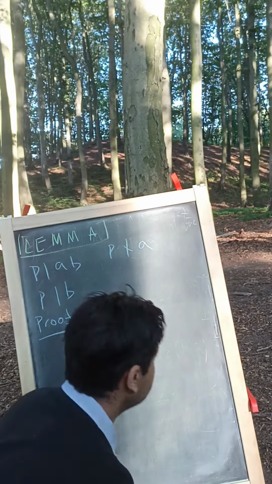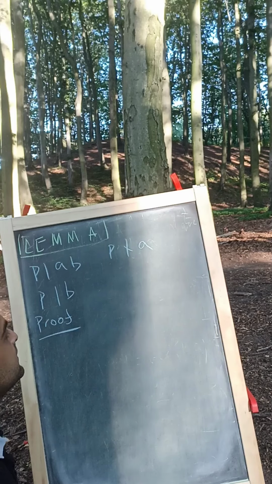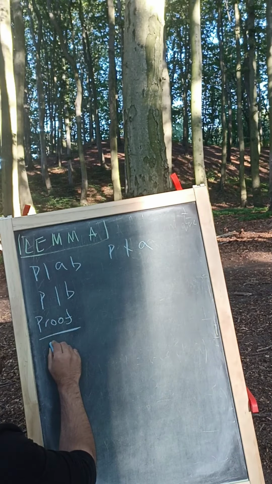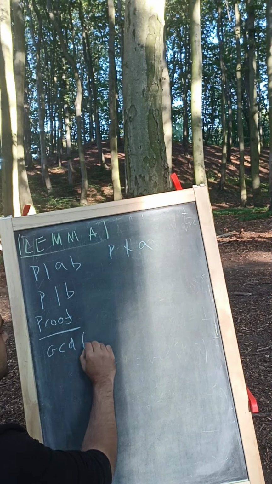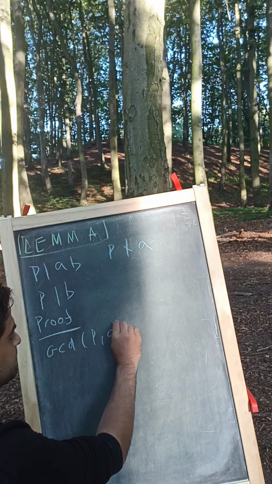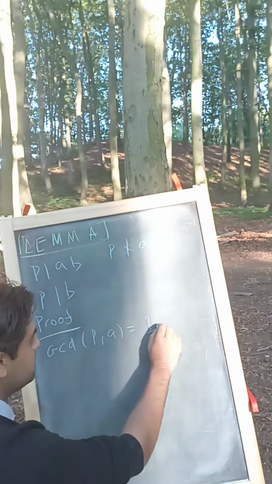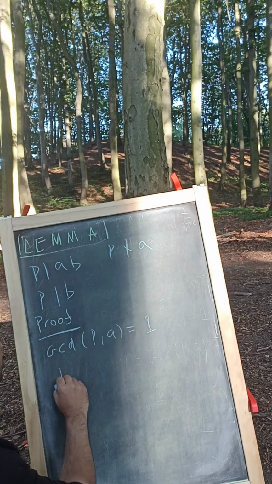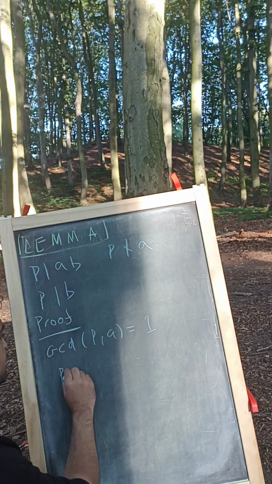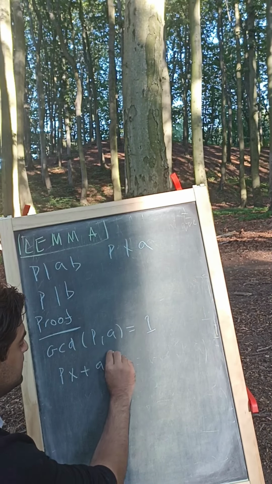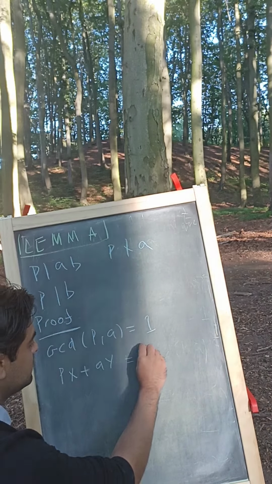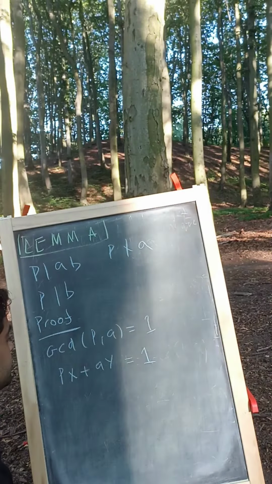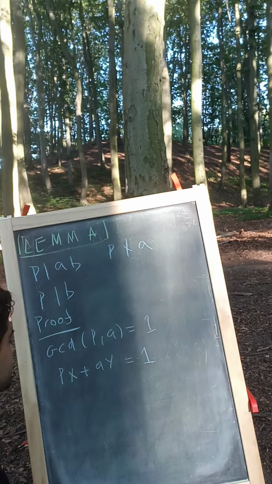So we have that P does not divide A. So that means that the GCD of P and A is equal to 1. And that means that we can write P times X plus A times Y equal to 1, which is a basic fact from arithmetic.